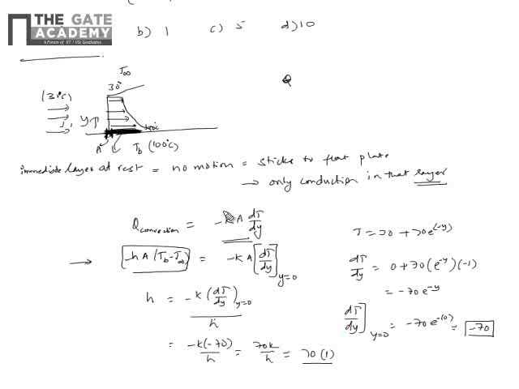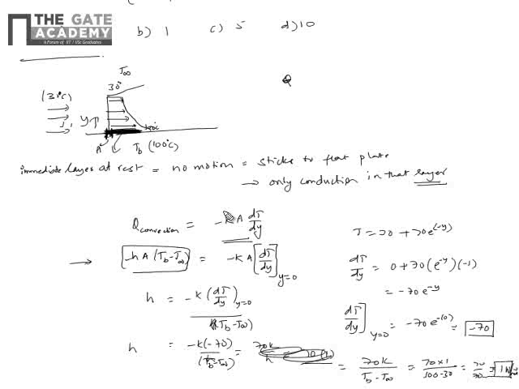So sorry, this has to be divided by T_B minus T infinity, because h is what I need. So this is finally 70 k by (T_B minus T infinity), the expression for your local heat transfer coefficient. So 70 k is 70 times 1, and T_B minus T infinity is 100 minus 30, so that is 70 by 70, which is 1 watt per meter square Kelvin.